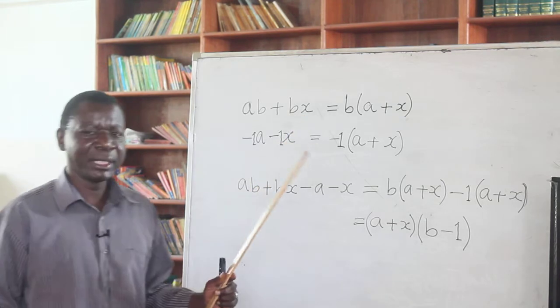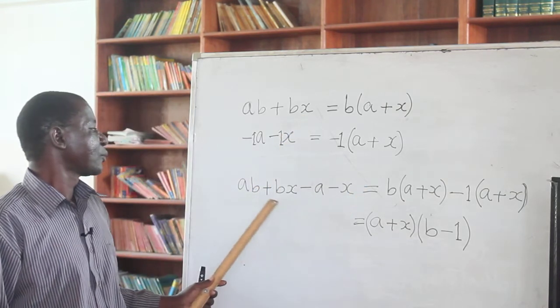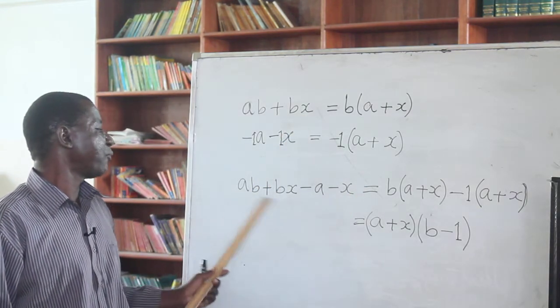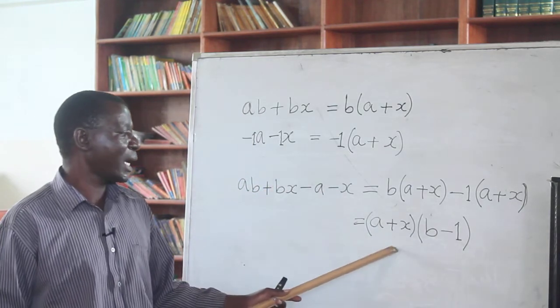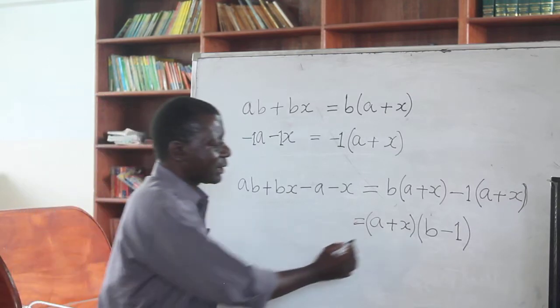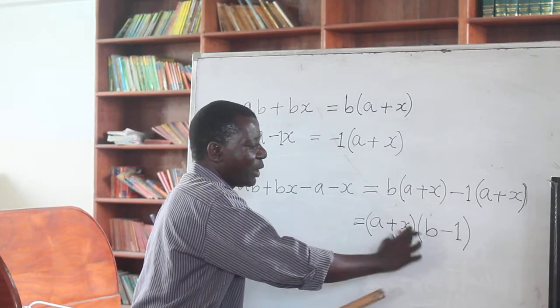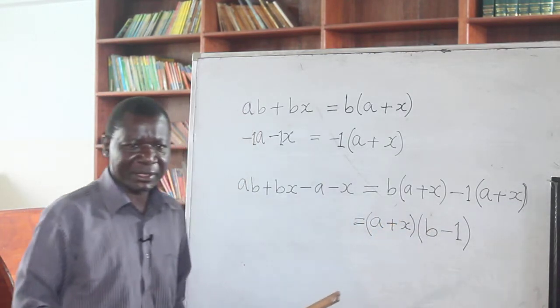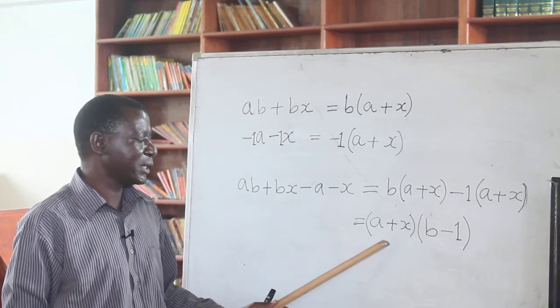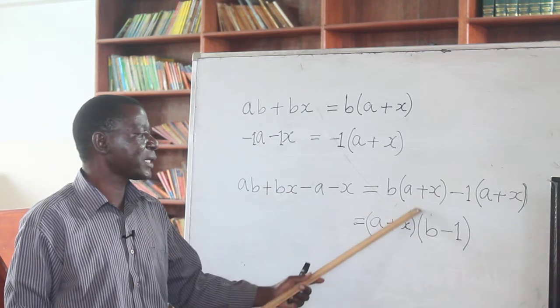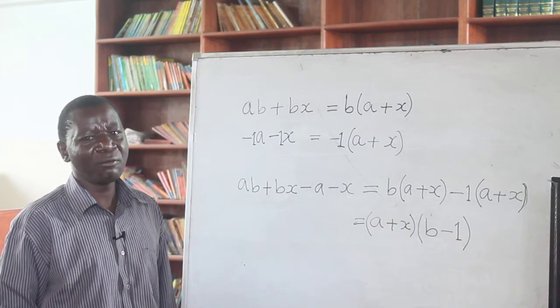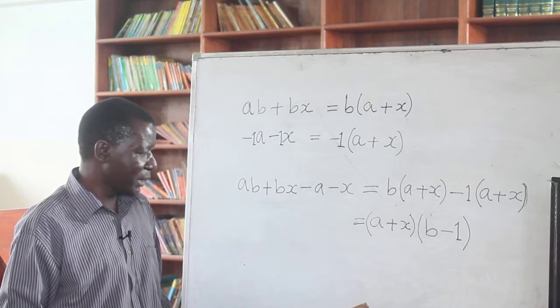Now remember that after factorizing in groups, our final answer should not have a plus or minus between the two factors that we have obtained.